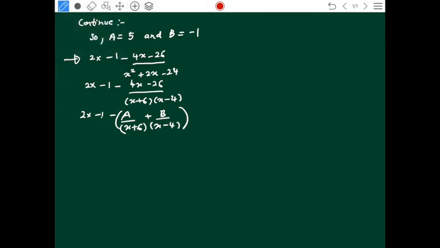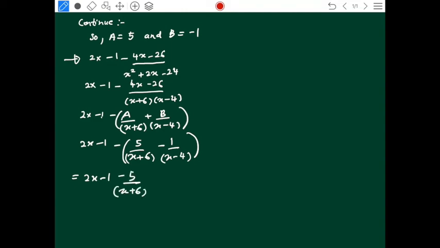So what we will get is 2x minus 1 minus, so a is 5 over x plus 6, b is minus 1, so minus 1 over x minus 4, okay. So the final answer is negative 5 over x plus 6, negative negative is positive 1 over x minus 4.